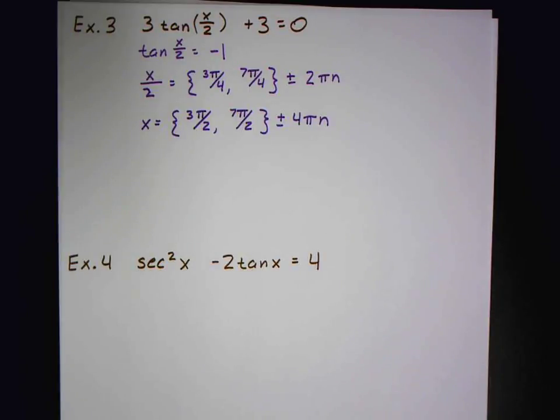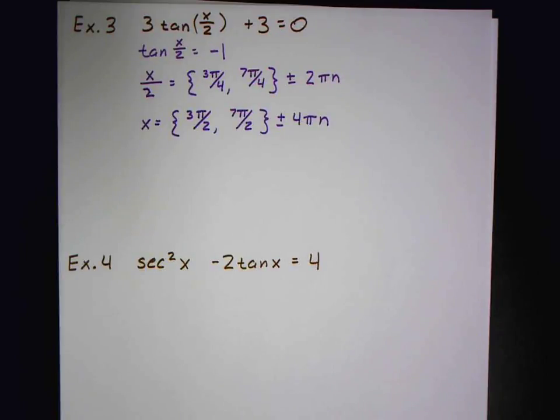Now, if I ask you for specific solutions on this one, if I ask you for a solution that is on the unit circle that is between 0 and 2 pi, what would it be? It wouldn't even be everything inside your brackets there. It would just be 3 pi over 2 because 7 pi over 2 is already outside your unit circle.